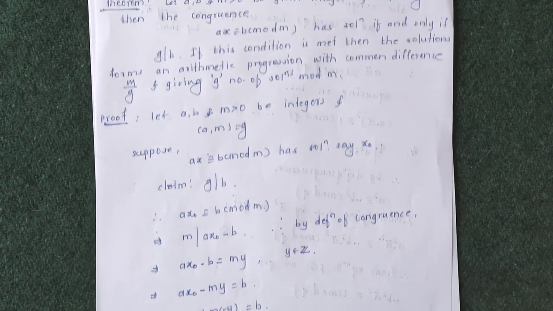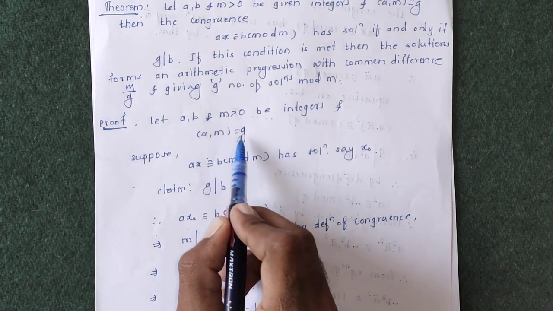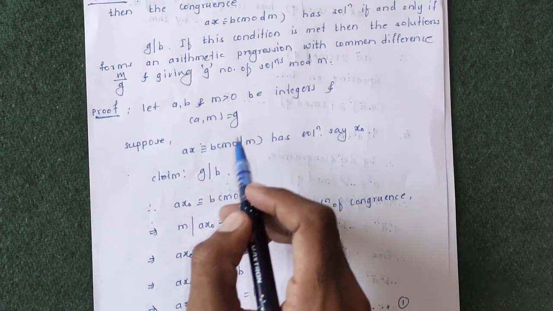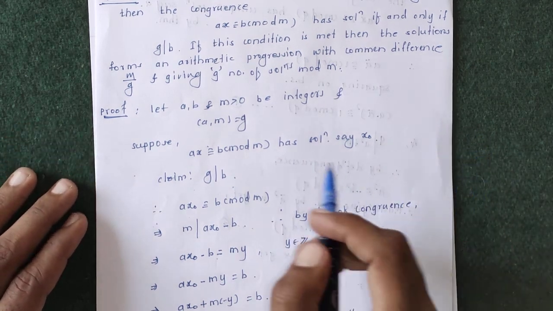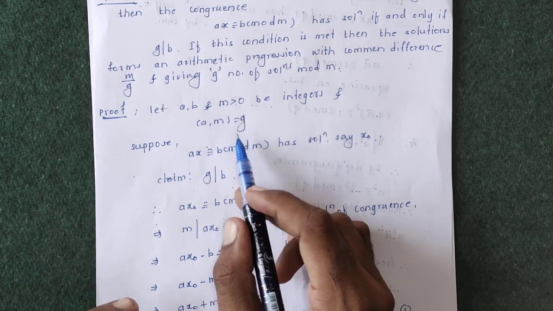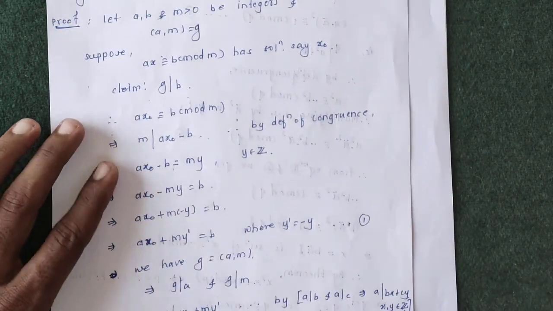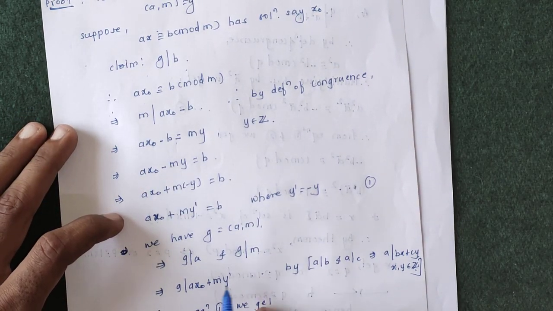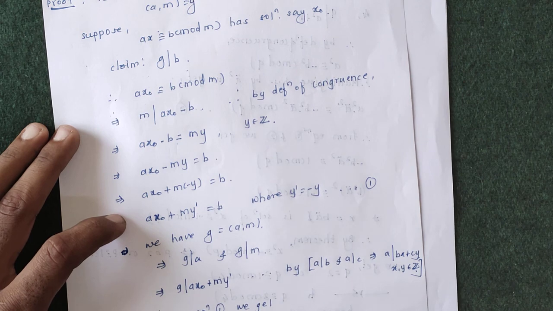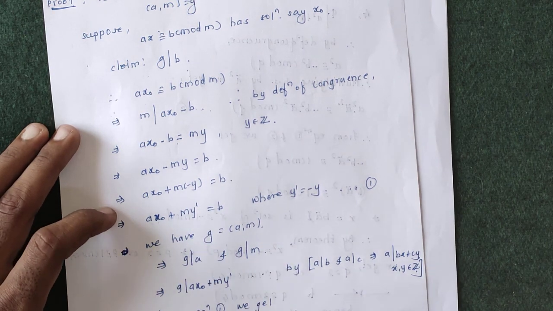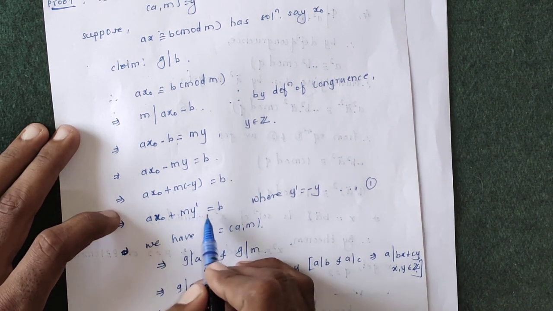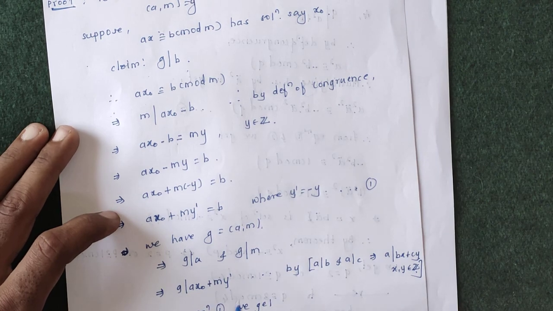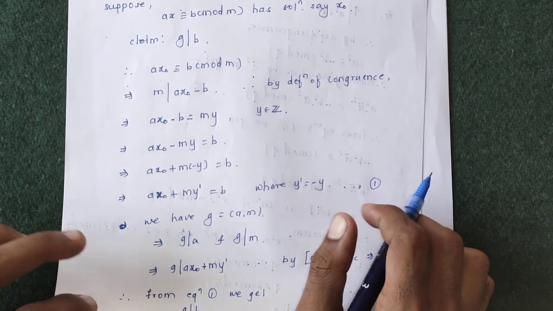Also, from GCD of A and M is G, we can write G divides A and G divides M, and using the result A divides B, A divides C, then A divides Bx plus Cy, we can write G divides Ax naught plus My prime. So from equation 1, Ax naught plus My prime is equal to B, so G divides B. Hence the proof of the first part.